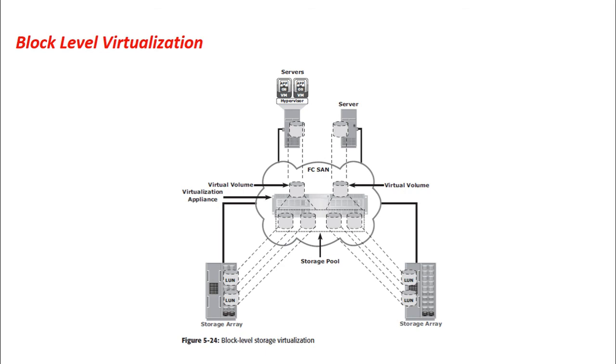It consolidates heterogeneous storage arrays and enables transparent volume access. Block level virtualization also provides the advantage of non-disruptive data migration. So we can migrate the data from one LUN to another LUN or from one storage array to another in a non-disruptive way. In a traditional SAN environment, LUN migration from one array to another is an offline event because the host needs to be updated to reflect any new array configuration.